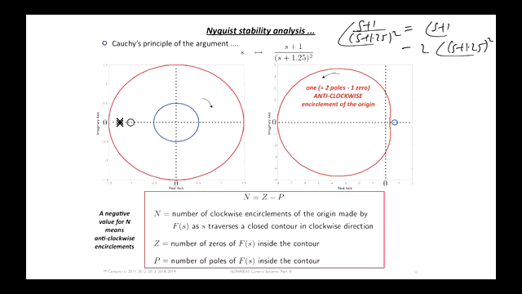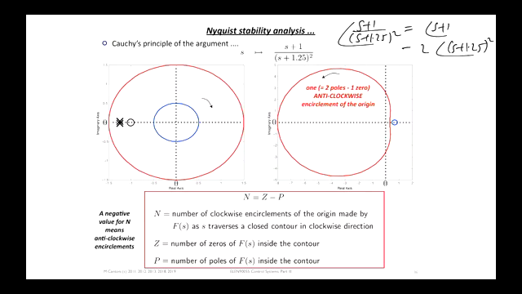So Cauchy's principle of the argument is this, no more, no less. We can use it to determine the excess of zeros of a rational function over the poles of a rational function within a region by mapping points on a contour that has that region as its interior under the rational function, and counting the number of clockwise encirclements of the origin made by the new curve that we get.